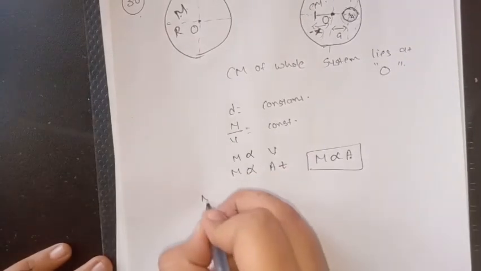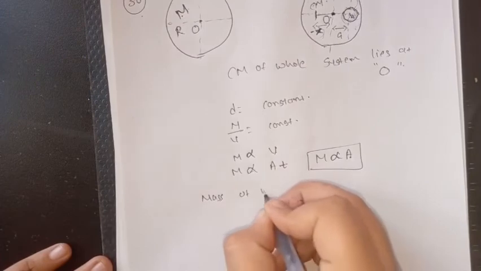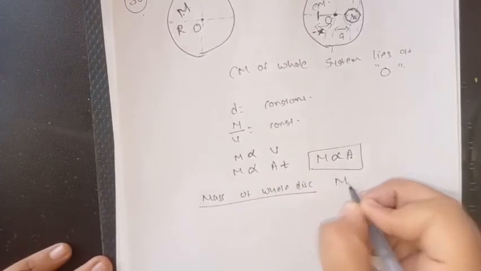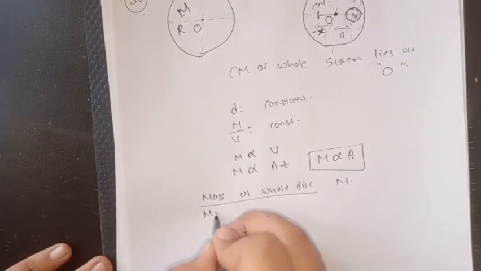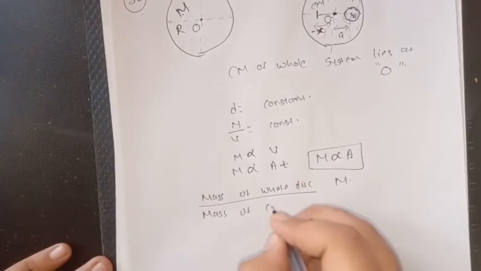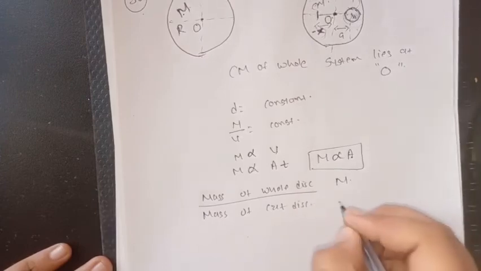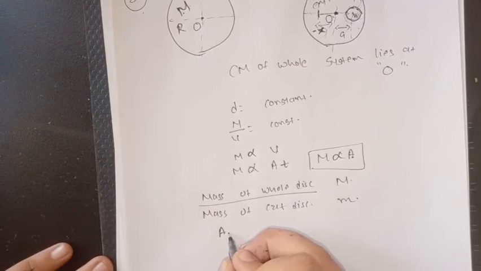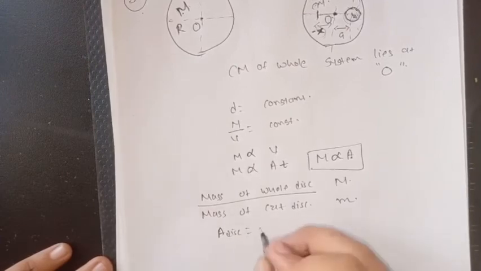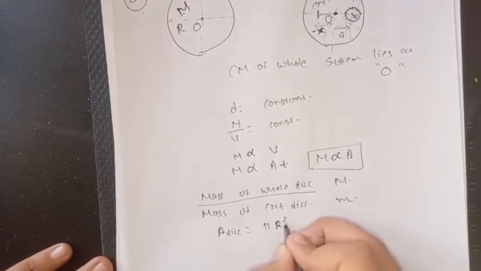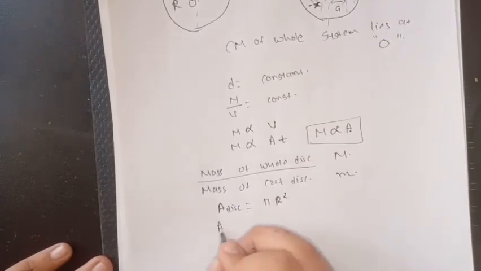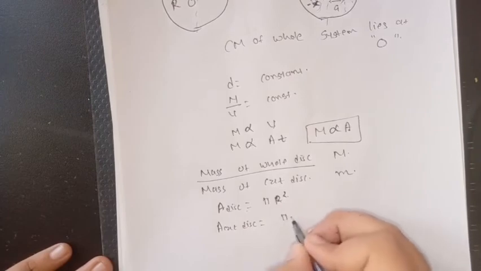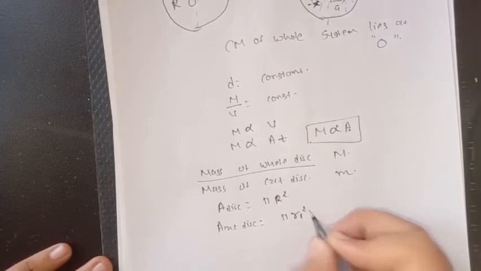Now mass of whole disk is taken as capital M and mass of cut disk is taken as small m. Area of whole disk is pi r square and area of cut disk will be pi r1 square.